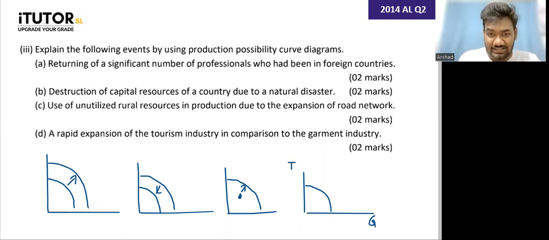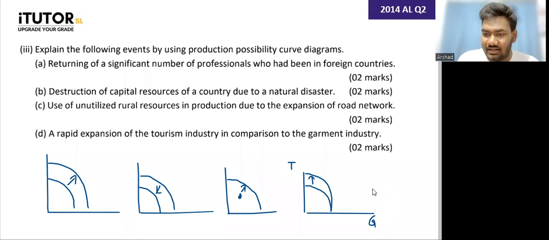How are you going to show this case? How can you show it? You can show a shift on the tourism industry. So tourism can be either the vertical or the horizontal axis. So you can show a shift like this. I feel this is also correct, guys.